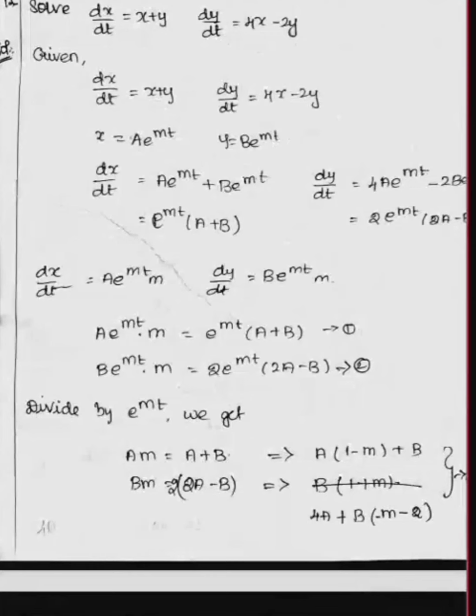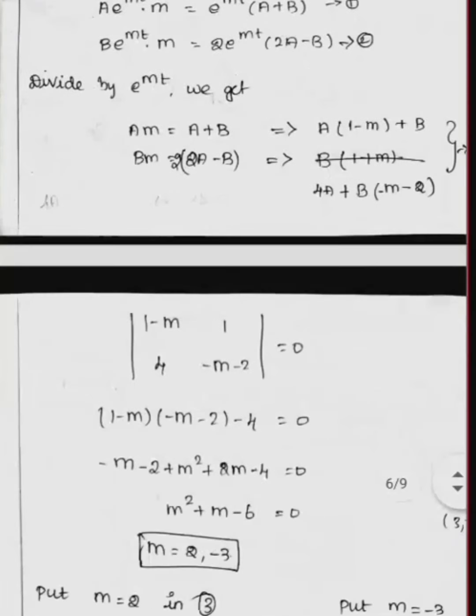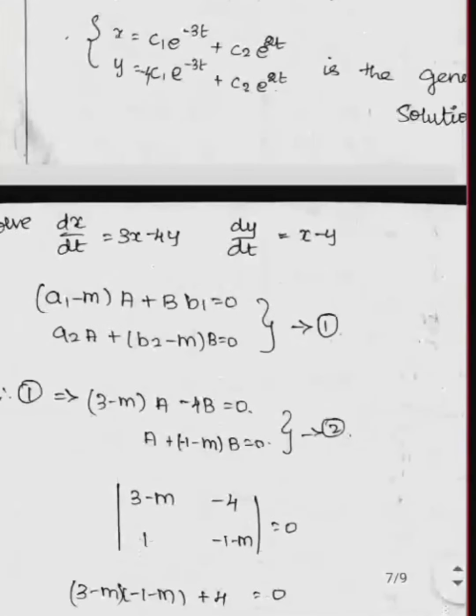Then you have to substitute. dx by dt equals 3x minus 4y in the problem, so you substitute 3 into x, that is a into e to the power mt, and 4 into y, that is b into e to the power mt. Similarly, x minus y means a into e to the power mt minus b into e to the power mt.